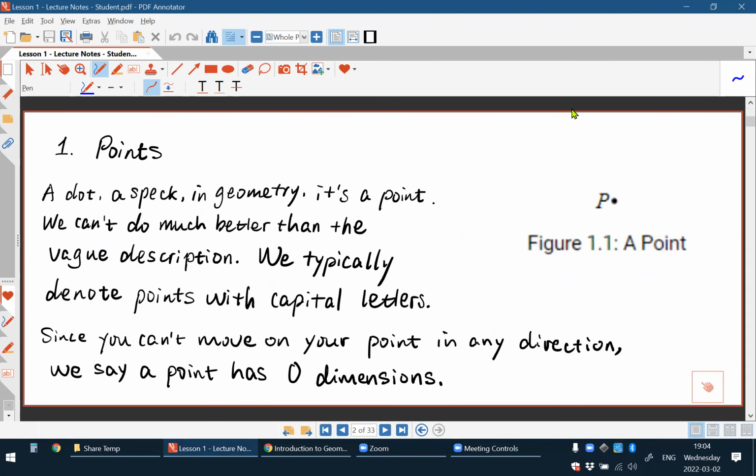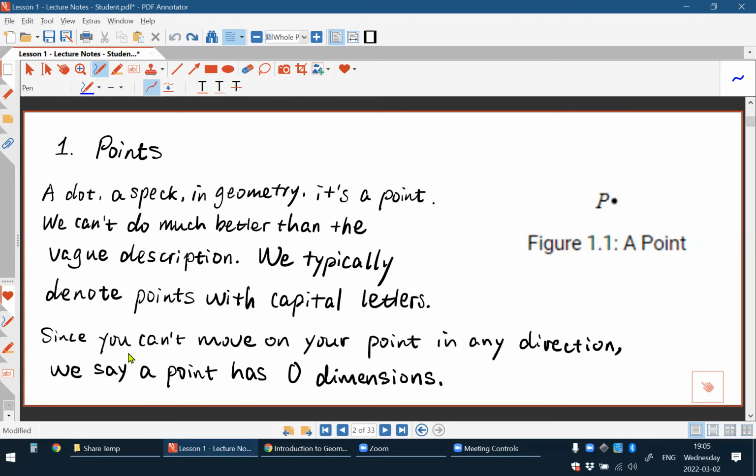So first of all, let's have a look at the points. Points are simple. According to the definition, a dot speck in geometry is a point. We can't do much better than the vague description. So what I want to say here is we typically denote points with capital letters, as you can see in the graph on the right. We use a capital letter P or Q, sometimes R, to denote a point.